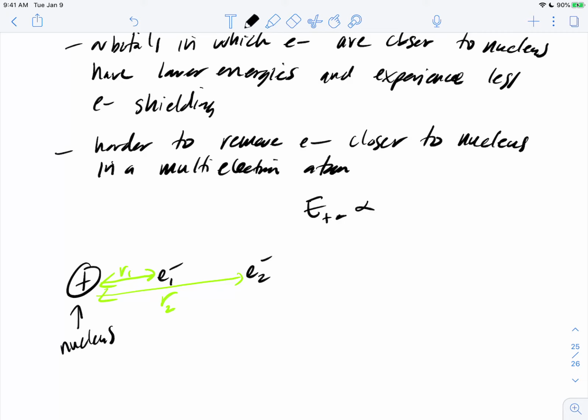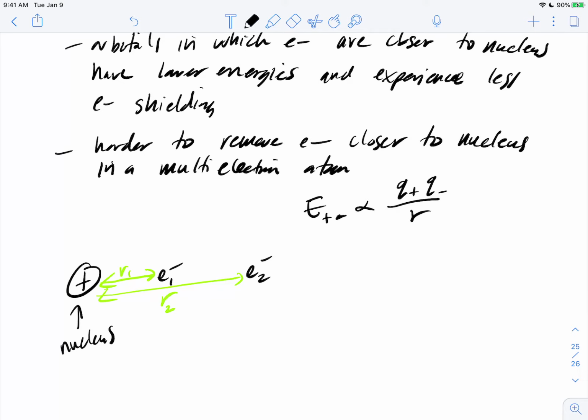The energy associated with these electrostatic interactions is proportional to the charge of the positive times the charge of the negative divided by R, so the smaller the R value, the greater the attractive force. Just because an electron is further away, it's going to have a lower attractive energy.